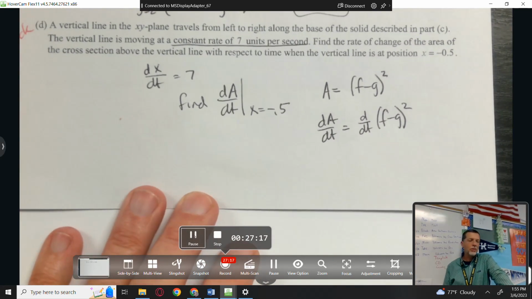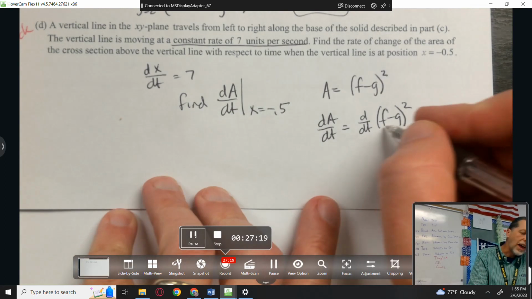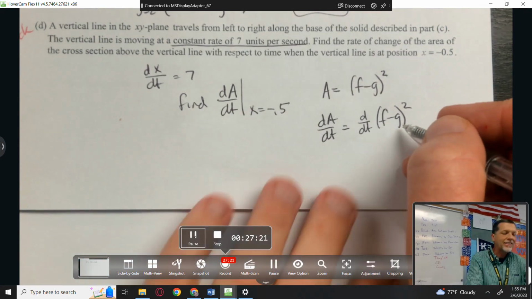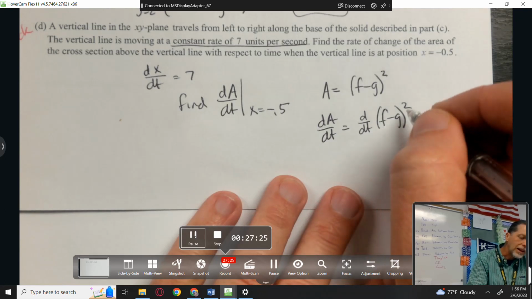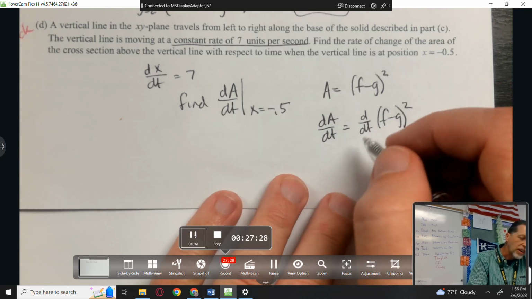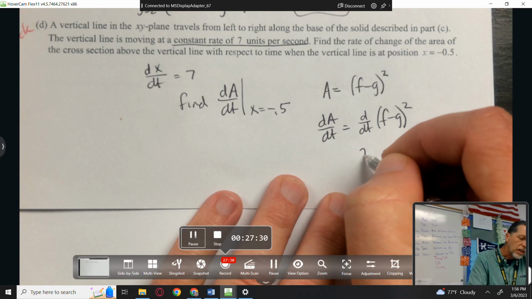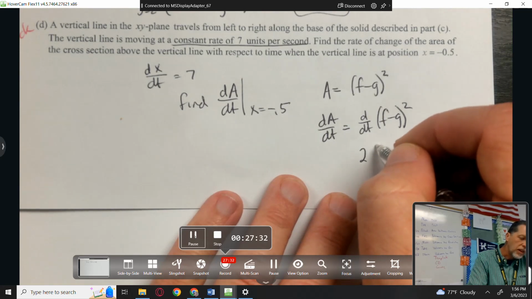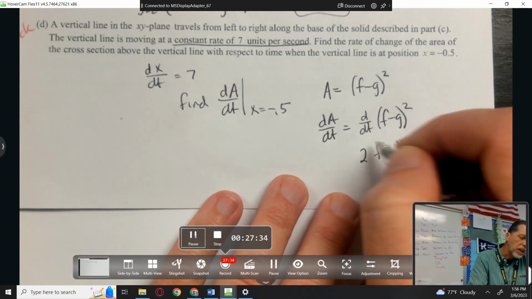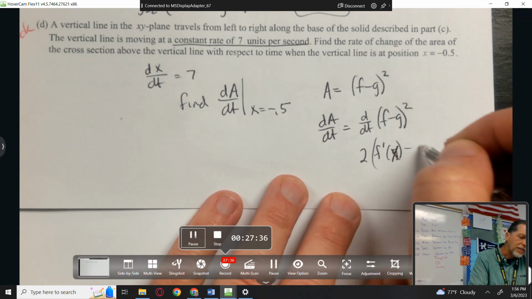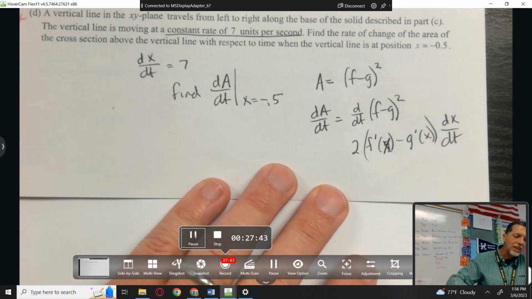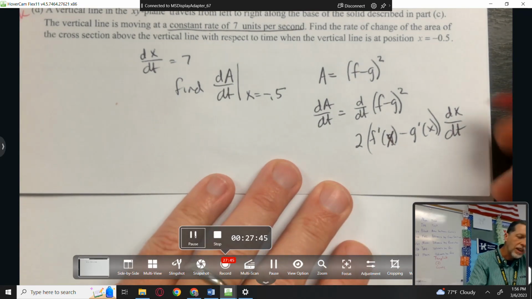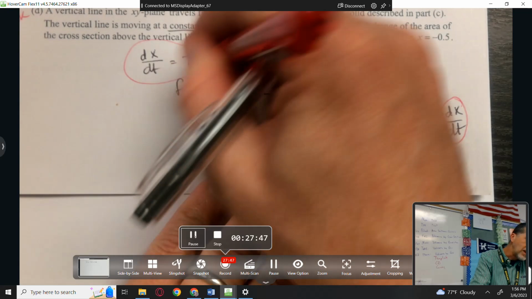I don't want to do this by hand. The trick is f and g have x in them. So it would have been better if I'd have gone with h here. 2 times f of x minus g of x times f prime of x minus g prime of x times dx dt. That's the key part they want us to see, is that sort of chain rule thing. dx dt, that's where the 7 will go.